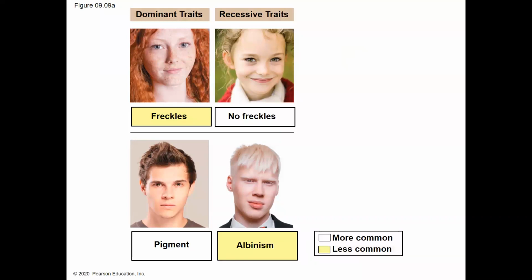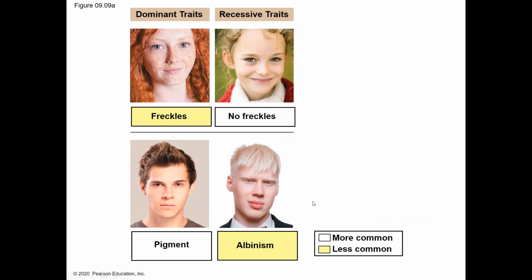So sometimes in nature, the dominant traits or the dominant alleles may not be what's actually the most common trait in the population. For example, freckles and no freckles. Freckles is actually the dominant trait, but it is less common than no freckles.